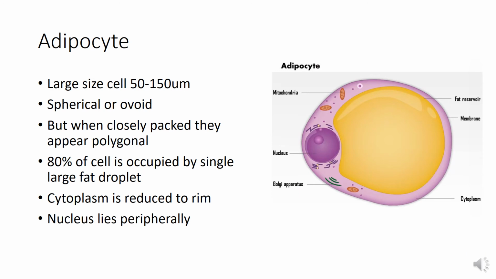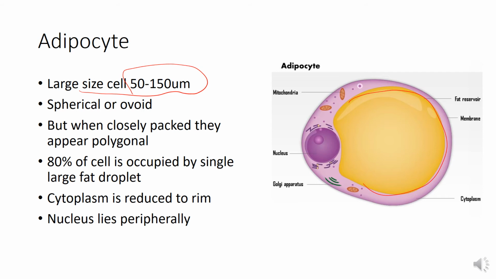Adipocytes are large cells about 50 to 150 micrometers in diameter. They are spherical or ovoid, but when they are closely packed, they appear polygonal, and 80% of the cell is occupied by a single large fat droplet, as I have told you before.